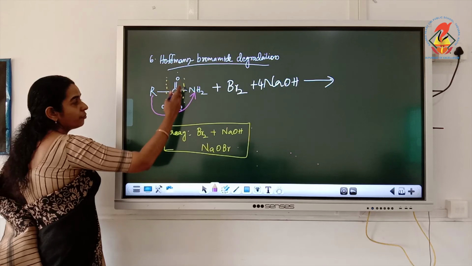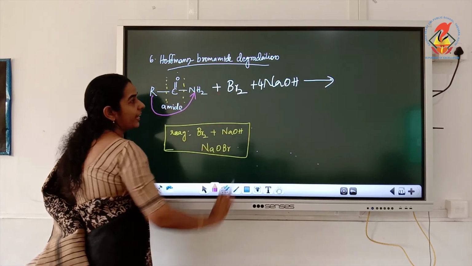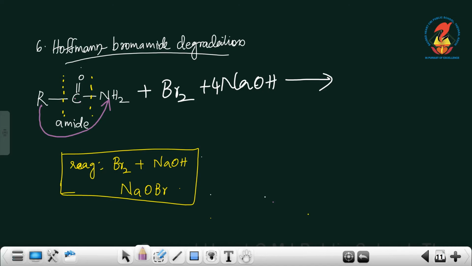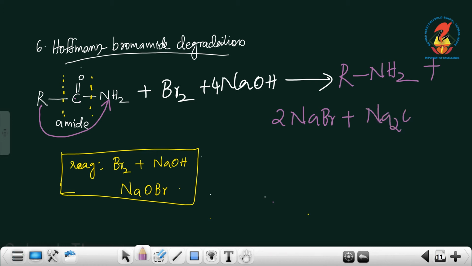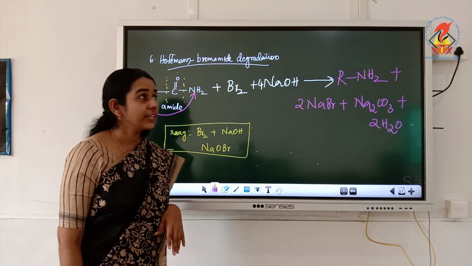The CO will go to Na as Na2CO3. So when R migrates to NH2, we get the primary amine, that is RNH2, plus the byproducts 2NaBr plus Na2CO3 plus 2H2O. So this is about the Hofmann bromamide degradation reaction.